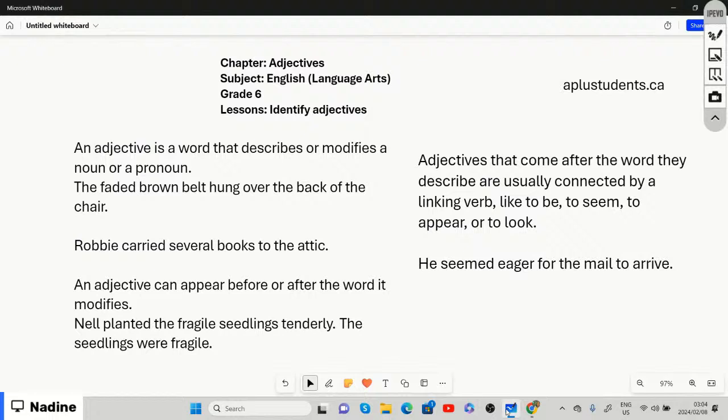So our chapter is adjectives. The subject is English language arts, grade 6. And the lesson that we are focusing on is to identify adjectives.